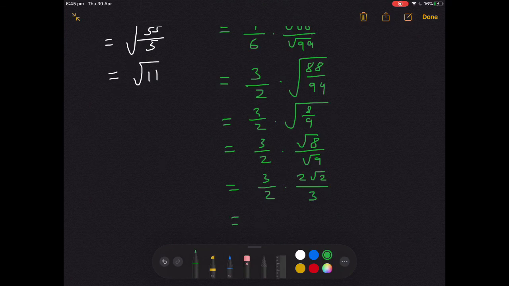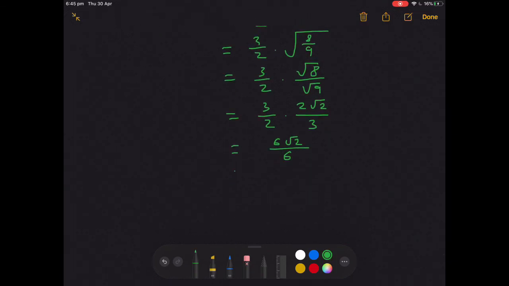Now to multiply fractions together. Multiply top by top, 6 root 2. Bottom by bottom, 6. And cancel. It's a long question, but a good one. Thank you for watching and have a nice day.